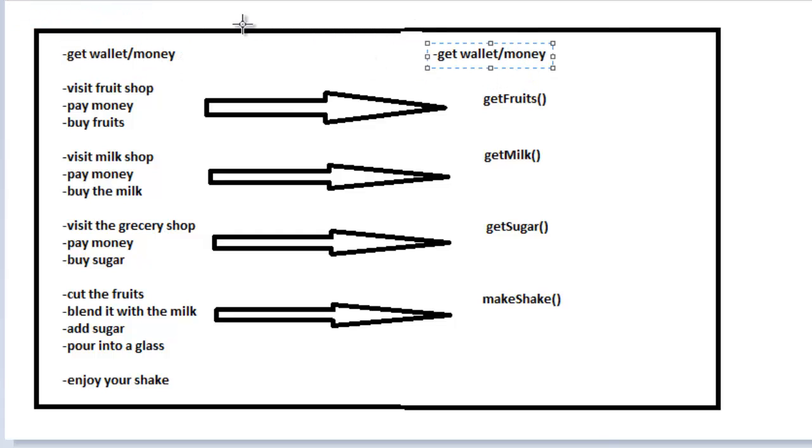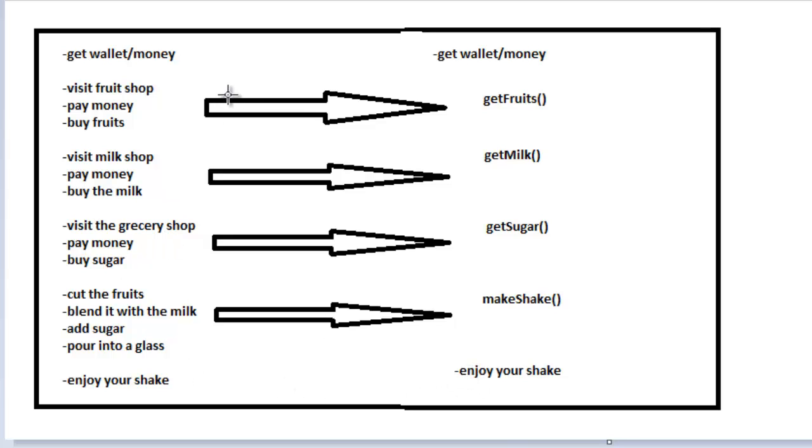So the money is here, and finally I'm enjoying my shake. So from money I am going to each and every shop, getting all the ingredients, then making my own shake, and after that I am enjoying my milkshake.